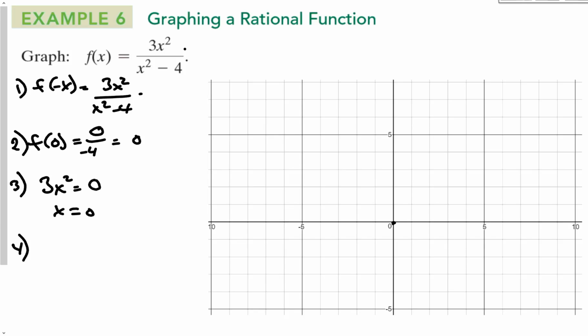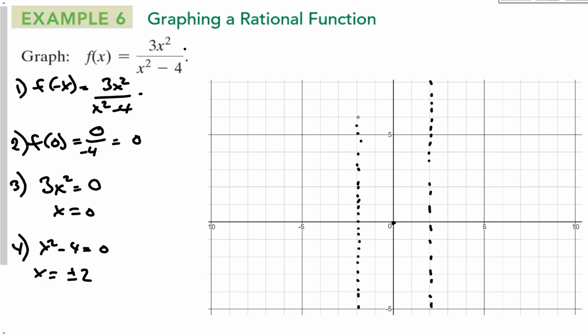All right, here's the interesting part. Set the denominator equal to 0, and we get that x is equal to plus or minus 2, which means that this function has 2 vertical asymptotes at 2 and at negative 2.